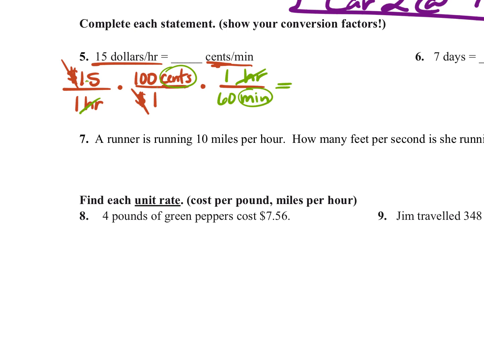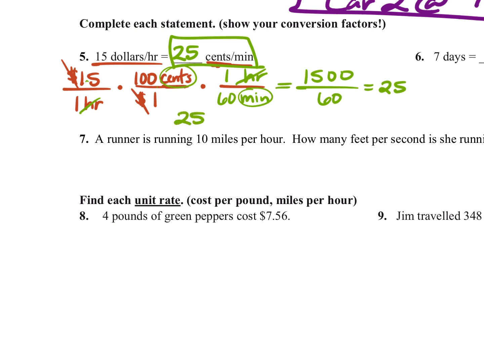So 15 times 100 is 1,500. 60 on bottom. So you go 1,500 divided by 60, and you get 25. What does that mean? 25 cents per minute. Okay, or you can write it like this, 25 cents per minute. Questions on that?